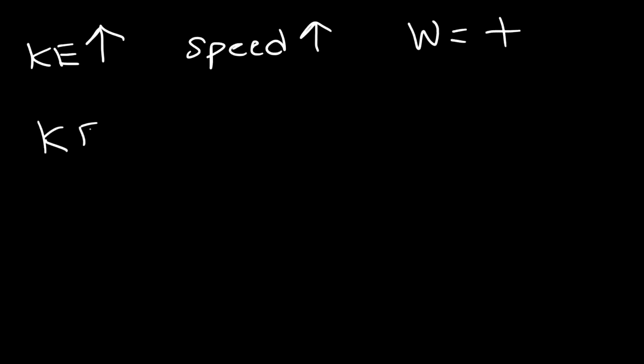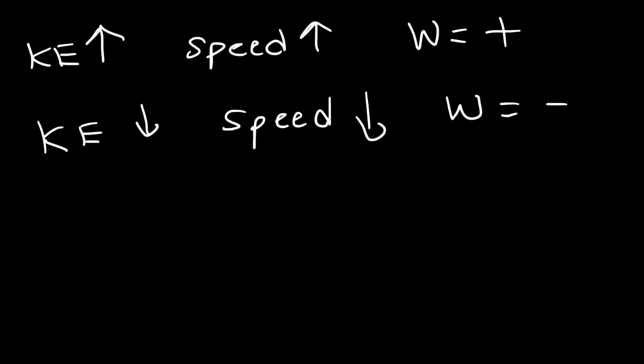And any force that is decreasing the speed or the kinetic energy of the object is doing negative work on the object. Now, any force that does not affect the speed, so if the change in kinetic energy is zero, then the speed is constant, so that force is doing no work on the object. So that's the second way to determine the sign of W.